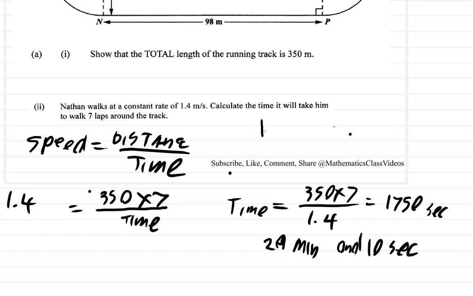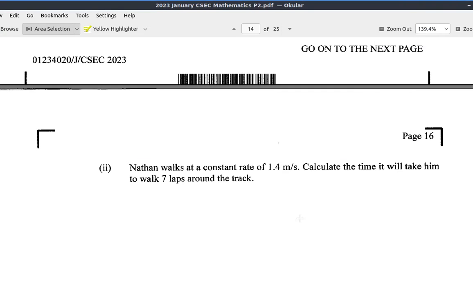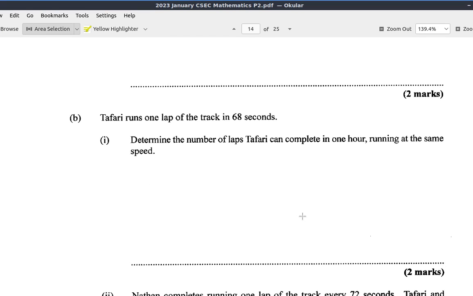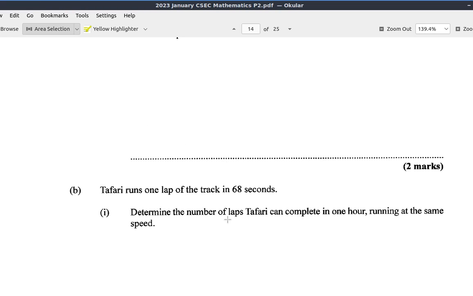The answer here is 1750 seconds, right? 1750 seconds. Now, what else is happening here? Part B. Somebody else named Tafari runs one lap of the track in 68 seconds.